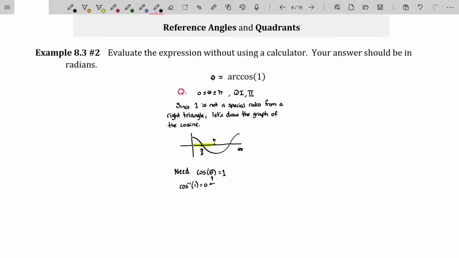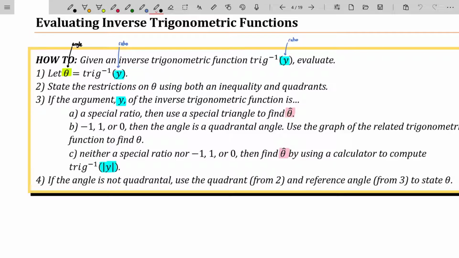Something I do want to mention is that I stated in our first step that if the argument of the inverse trigonometric function is -1, 1, or 0, then the angle is a quadrantal angle. That's not necessarily true in two cases.